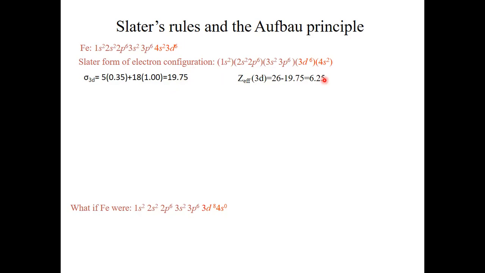Now we have to calculate the same for the 4s electrons. If we put ourselves on a 4s electron, then there is one other electron in the same group, the other 4s electron. So we have 1 times 0.35, that one electron shields with a factor of 0.35. Then we have 14 electrons that shield with a factor of 0.85.